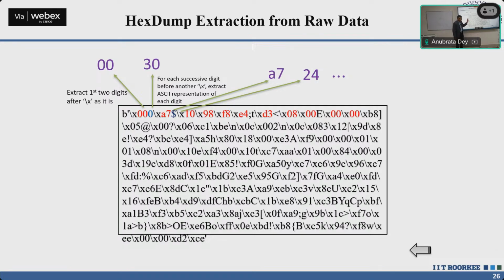Maybe some other companies are also doing the same thing. So between two \x, you can see after the first one there are three digits: two you take as it is, the third you convert into ASCII. The next one, again you have the digits, you take them as they are, and the sign you convert into ASCII.